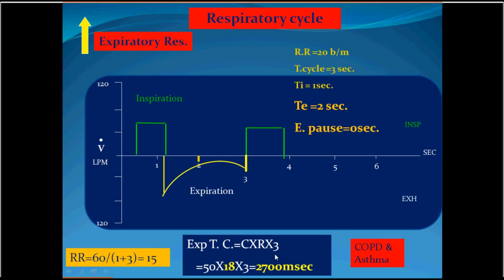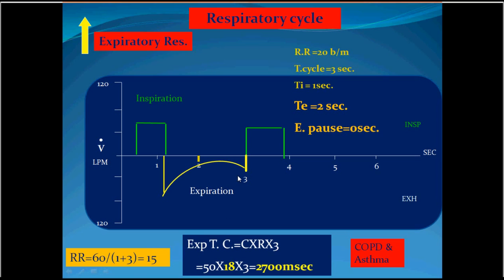Say the expiratory time is 3 seconds plus the inspiratory time, so the duty cycle in this patient with bronchospasm will be 4 seconds. So 1 minute, 60 seconds over 4, means that the respiratory rate of this patient should be about 15 or 16 breaths per minute, and not 20, in order to avoid this dynamic hyperinflation.